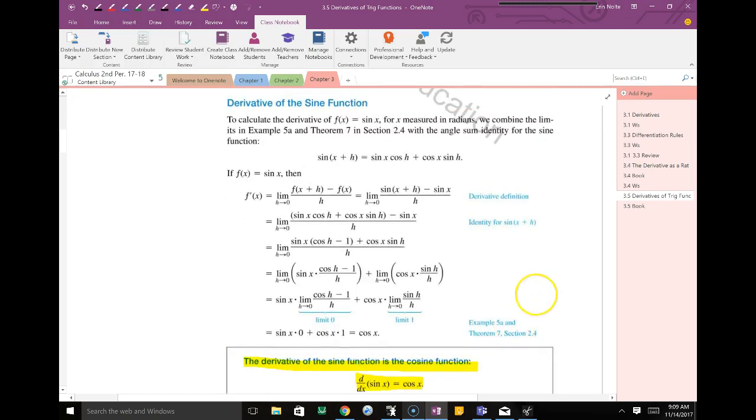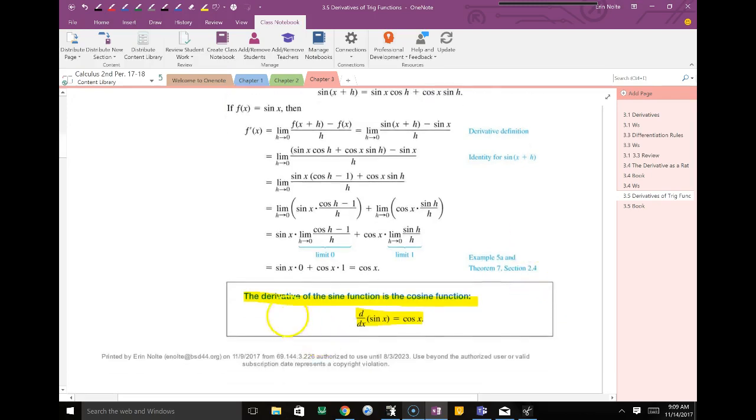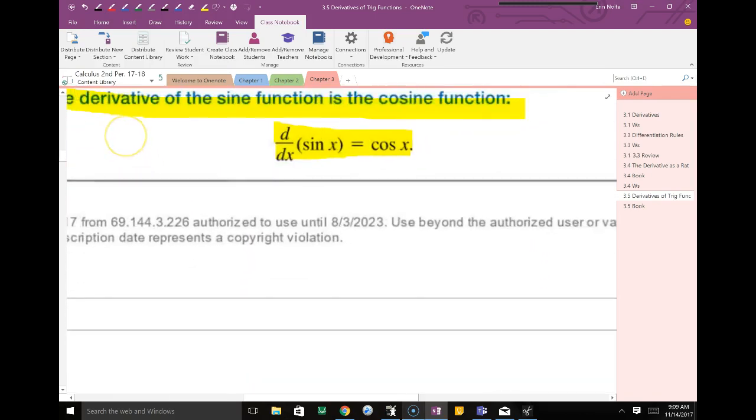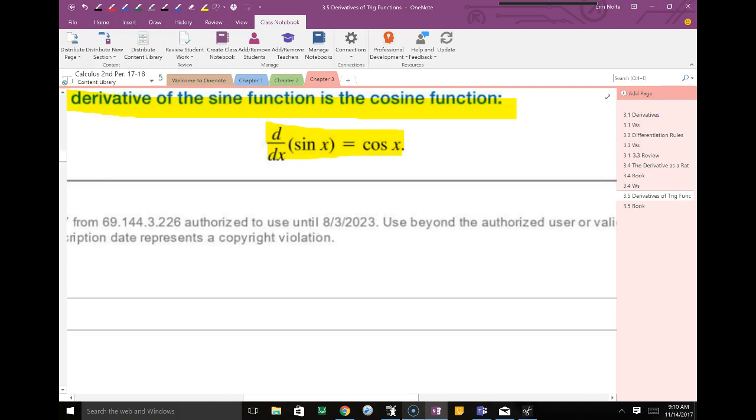All right, so this right here takes you through the definition of a derivative and proves to you that the derivative of sine is simply cosine. What's this called? Derivative of trig functions. So what I would do is in your notes, you're just going to write down all these derivative notations.